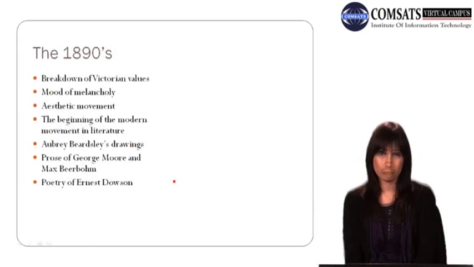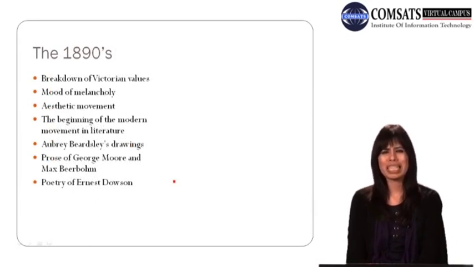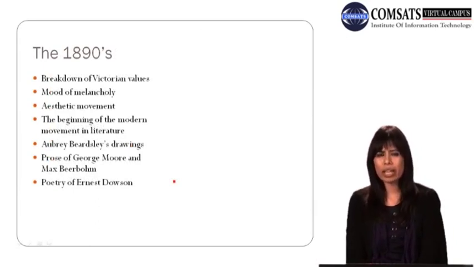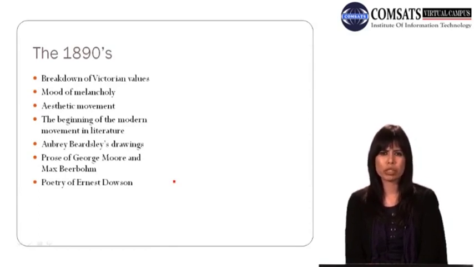Our focus here is on the 1890s. There was a total breakdown of the Victorian values which were set at the start of the era, like in the early Victorian era, and there was a mood of melancholy as well. The aesthetic movement was going on, the beginning of the modern movement in literature that would come next.